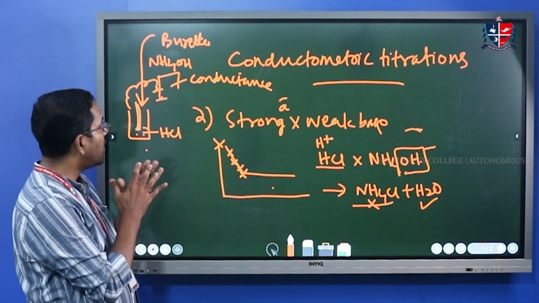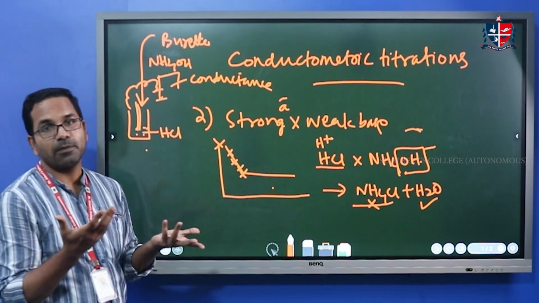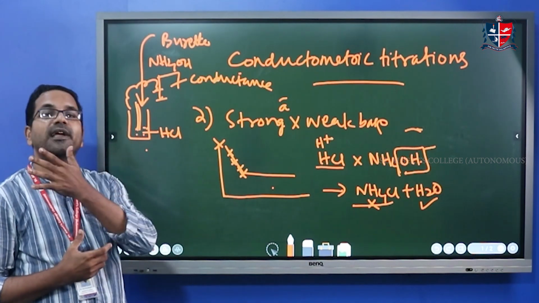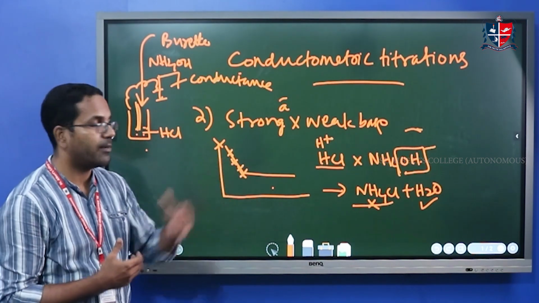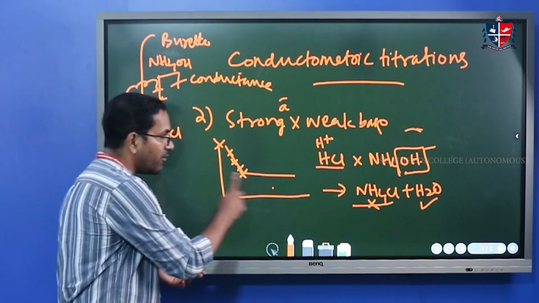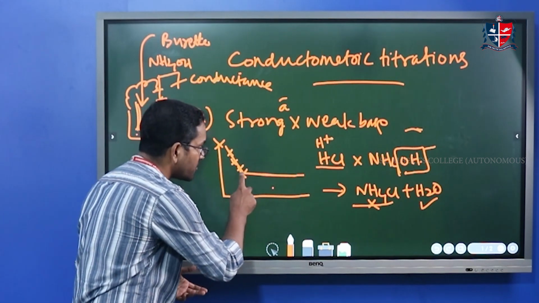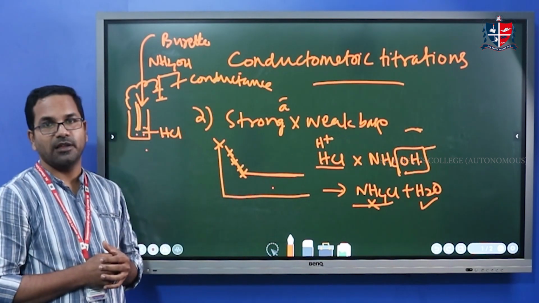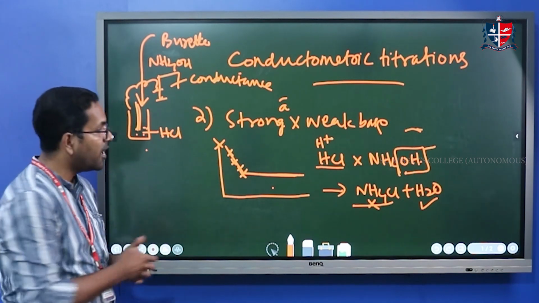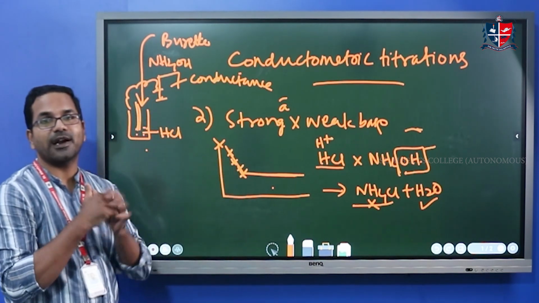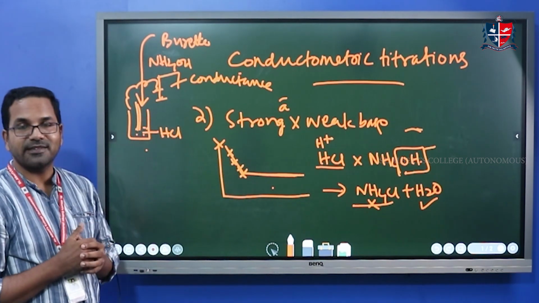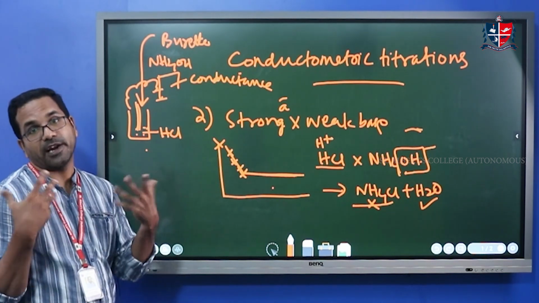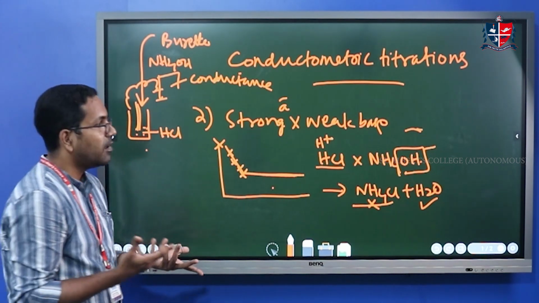Here, we initially take 10 ml of HCl or a 20 ml solution. That will be completely neutralized by the ammonium hydroxide. After that, you get a straight line, a constant value continuously. What does it indicate? After the full consumption of the HCl, you are still adding ammonium hydroxide because you are unaware of the end point.